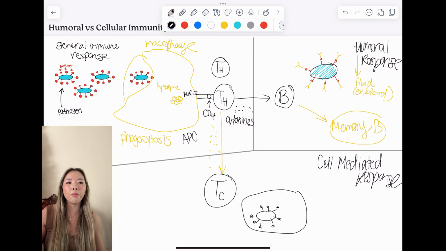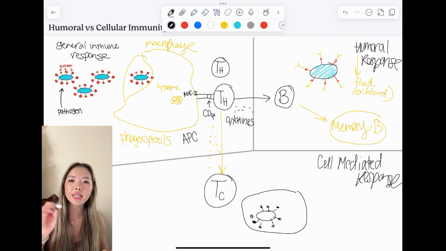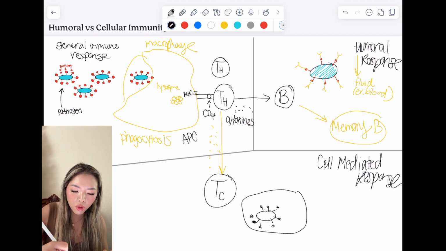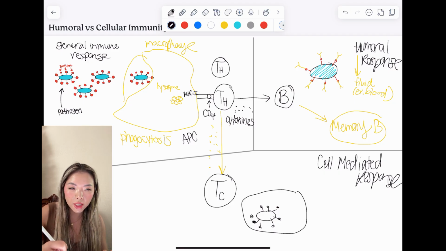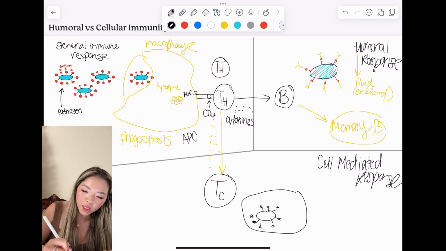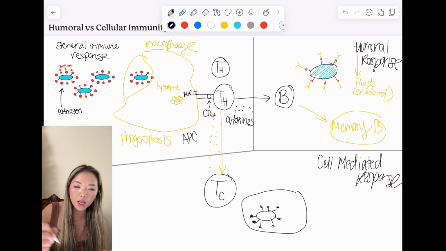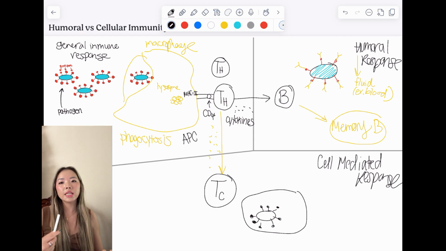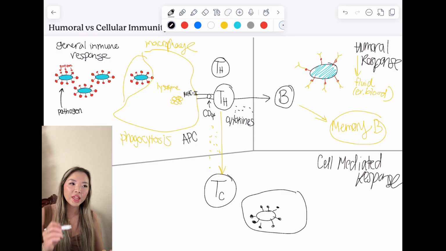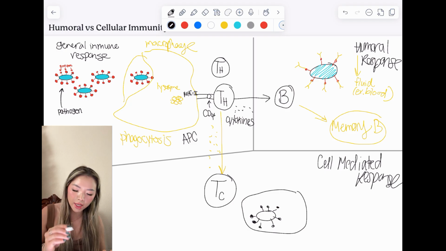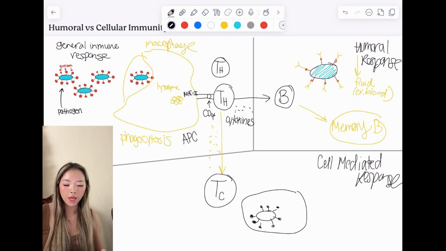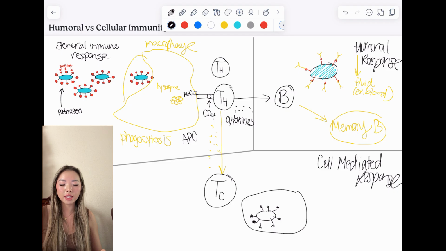Let's talk about the cell-mediated response. The T helper cells can also go and signal cytokines to bring in the cytotoxic T cells. And these cytotoxic T cells deal with pathogens that are inside a cell. It'd be hard to get the pathogen and kill it, but we need the help of cytotoxic T cells.